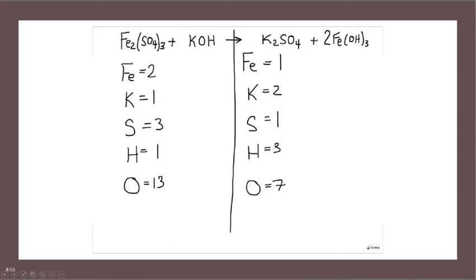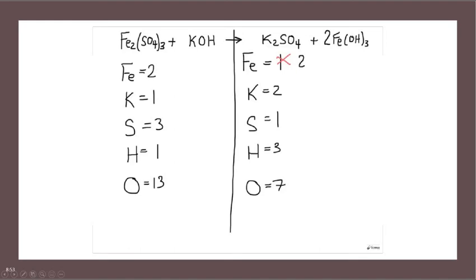That's going to change not only the amount of iron, it's going to multiply everything here by 2. It's really like I have 2 of these compounds, the whole thing. So it's going to say that I have 2 irons, but it's also going to change the amount of oxygen and hydrogen. First thing I'm going to do is change this 1 to a 2, because now I have 2 of them.